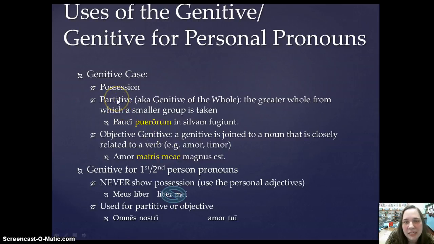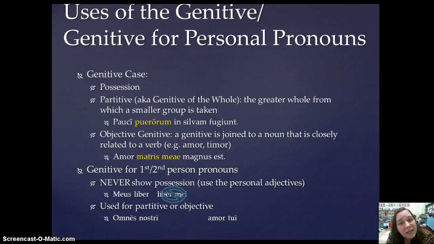The first of these is called the partitive genitive, okay? It's also sometimes known as the genitive of the whole because it's going to tell you this whole unit from which a little part is being taken, okay? The part in partitive genitive is because very often this is used with the Latin word pars, partis, which means part.